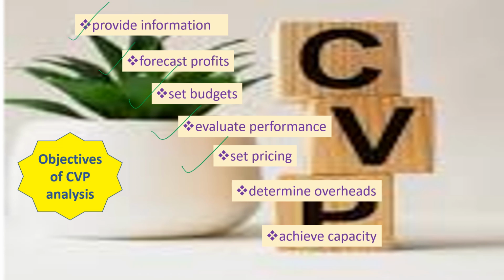Break-even analysis helps organizations to formulate pricing policies. Number 6, CVP analysis helps to determine the number of overheads that should be allocated to product costs at different levels of operations. And the last objective, the analysis focuses on the importance of achieving capacity to achieve economy.